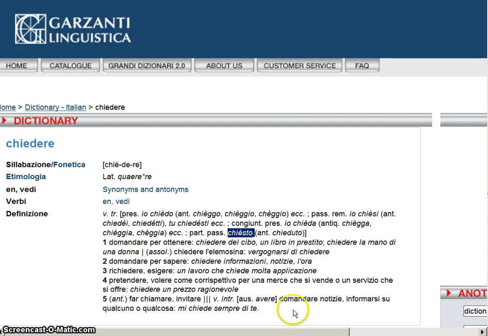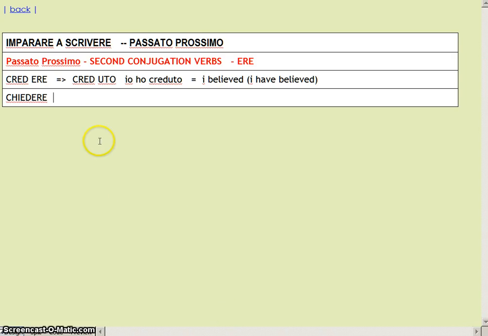So the pronunciation of this particular word is chiesto, and the stress mark prevents you from pronouncing it chiesto, in case you wanted to stress this particular vowel. So we know that the past participle is chiesto, and we go back to our page and we put chiesto. So I asked would be io ho chiesto.